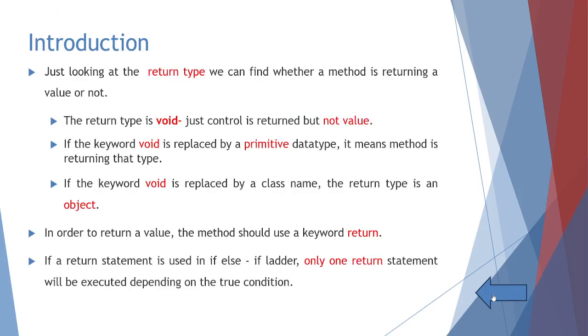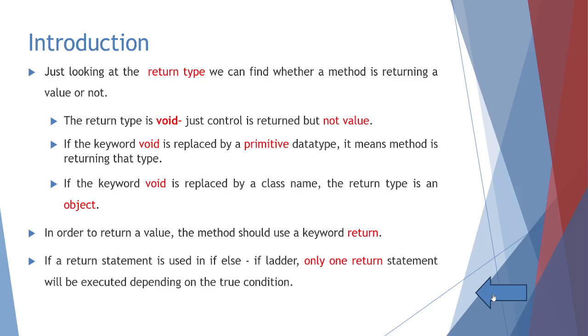So what we have understood in the three previous slides is that just looking at the return type, we can find whether a method is returning a value or not. Void means not returning any value. If instead of void a primitive data type is there, then that type is returned by the method.